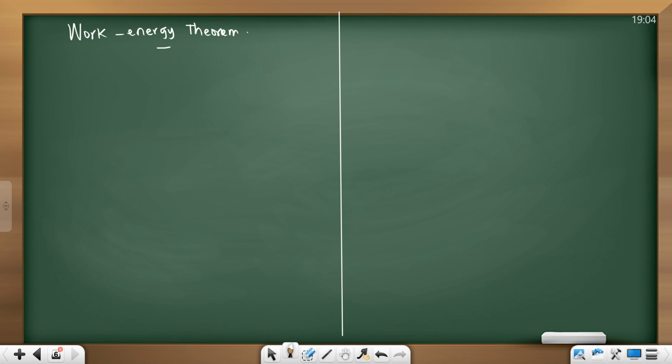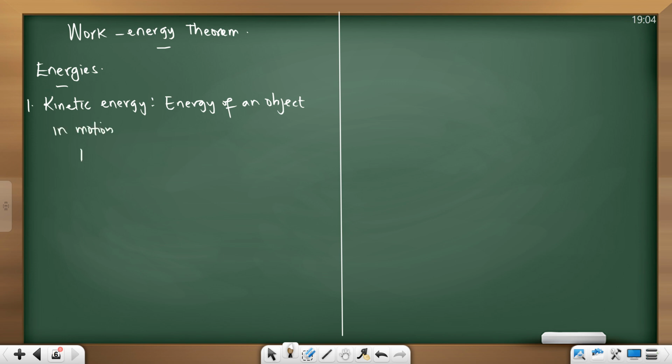Before we go on, how many types of energies do we have? So many. But let's quickly go through them. Number one, kinetic energy. Let's define it. It is the energy of an object in motion.